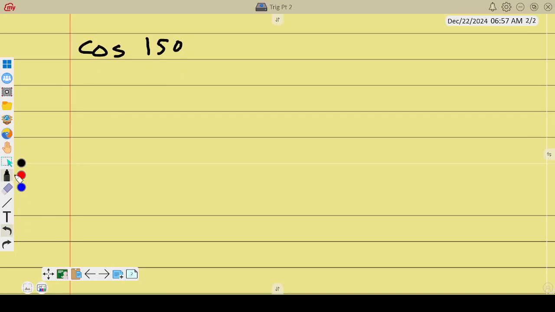So how do you find the exact value of this? You have to draw the Cartesian plane, and then you have to know where 150 is. If we start moving, this is 90, and then we go this side, before you reach 180, 150 will be somewhere here.